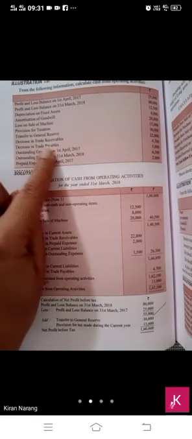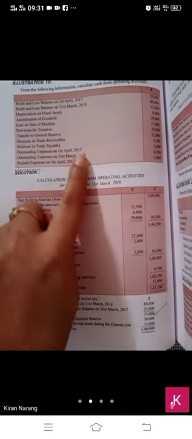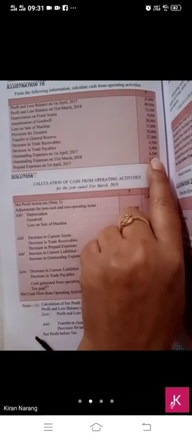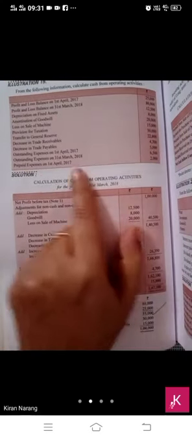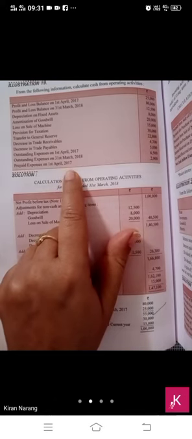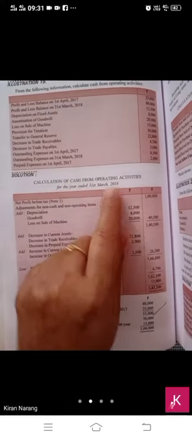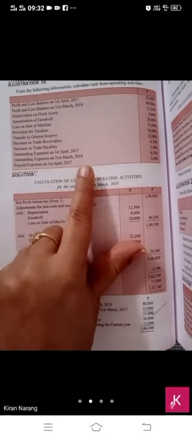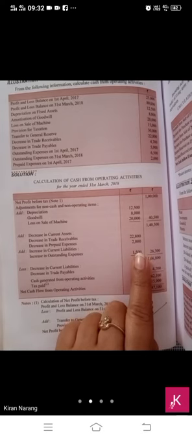Then decrease in trade receivables. Current asset is decreasing. It will be added. Outstanding expenses, two dates are given to you, they are increasing, it will be added. Then prepaid expenses, if only the opening balance is given, that means we have used them all, so the balance on 18 we will consider 0. This is a decrease, it will be subtracted.